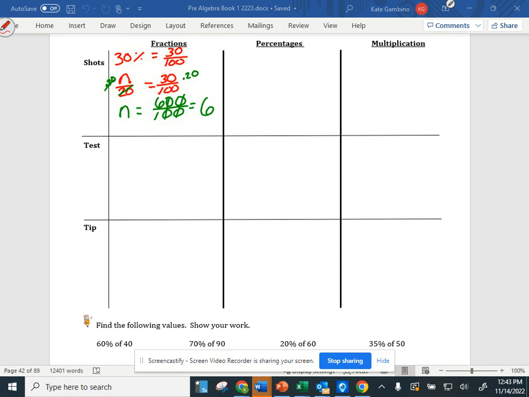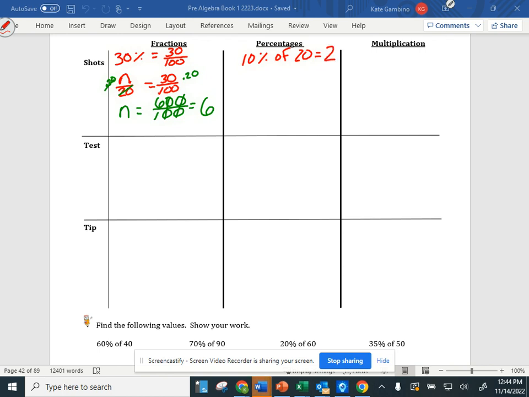We have doing it with percentages. So, she took 20 shots and made 30% of them. So we're going to look at that 20 shots, we're going to look at what 10% of 20 is. Because there were 20 shots. What would 10% of 20 be? 2. 10% of 20 is 2.